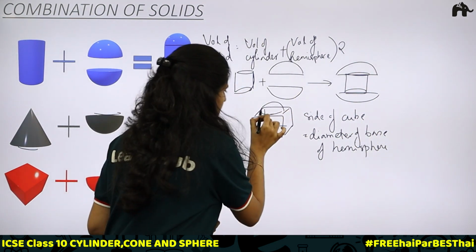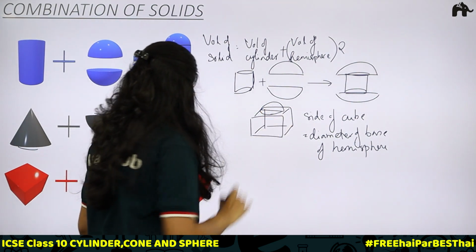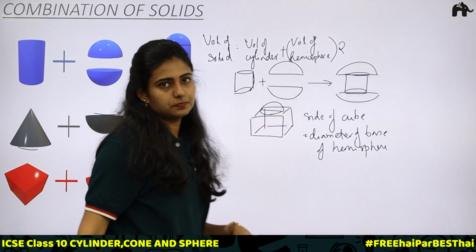You can see this, right? This is the diameter of the base of the hemisphere. It will be equal to the side of the cube.